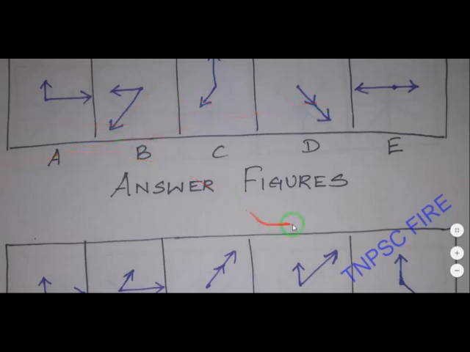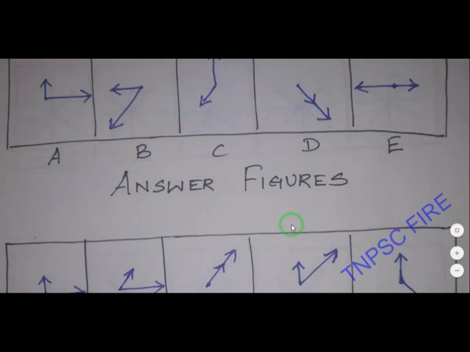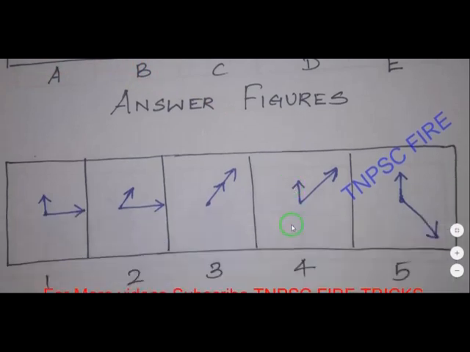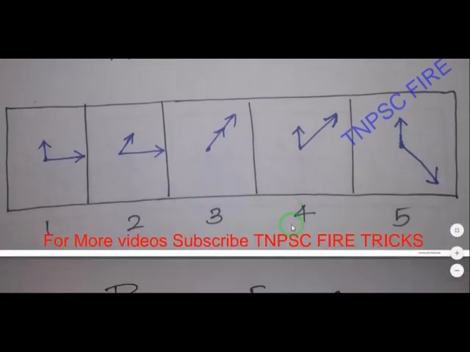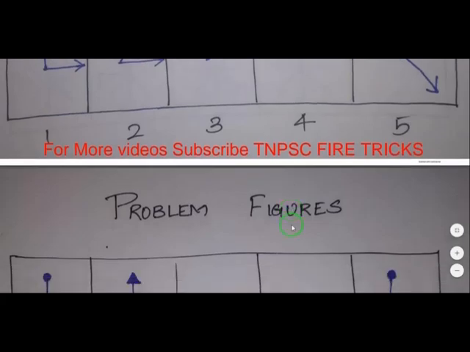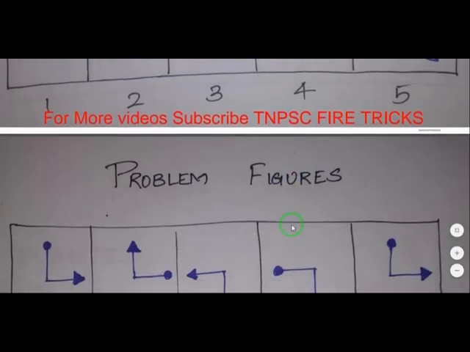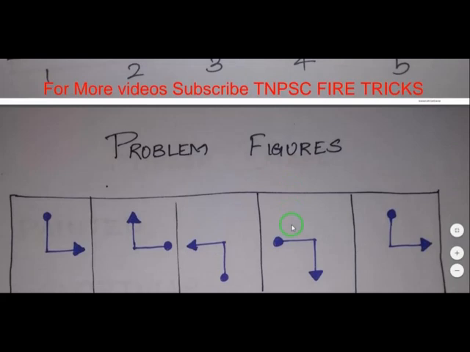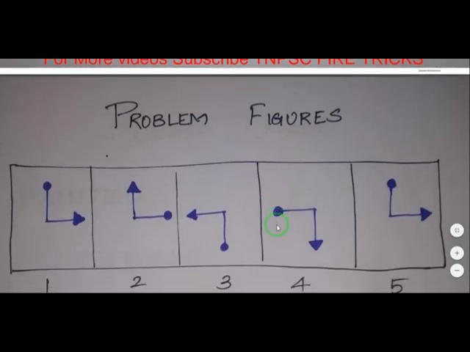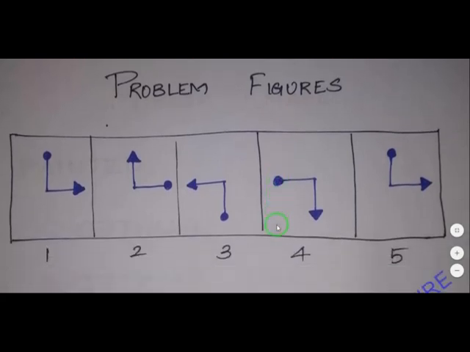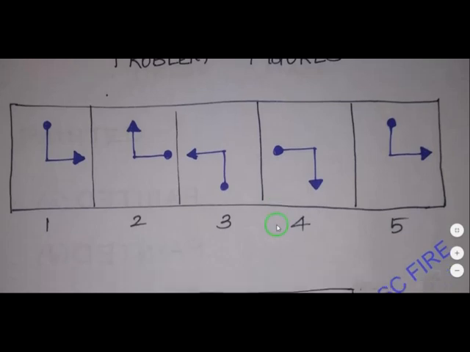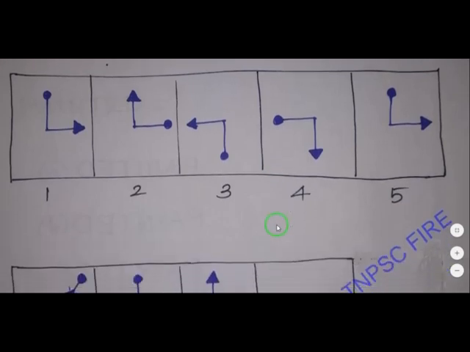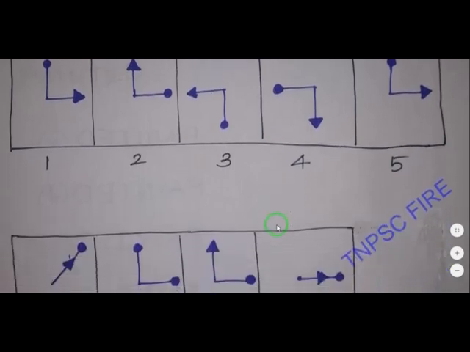I give 2 questions for you to solve using this same technique. This is the problem I have given for you. Let's try to solve this problem using the same technique. Okay, thank you. This is the last problem.